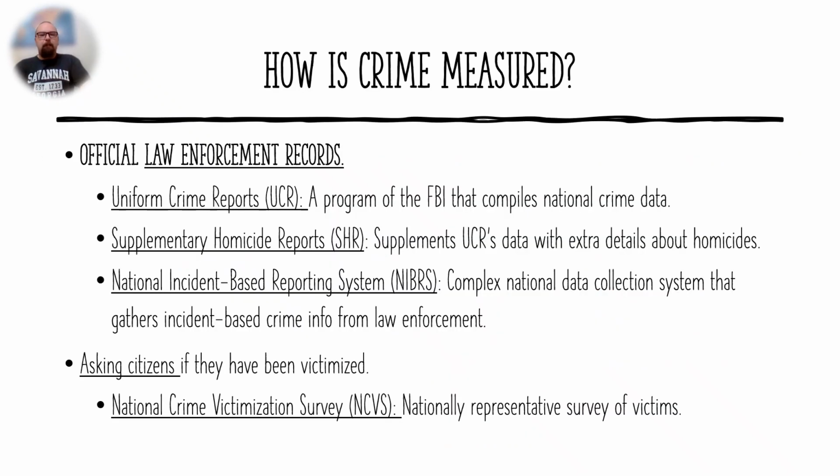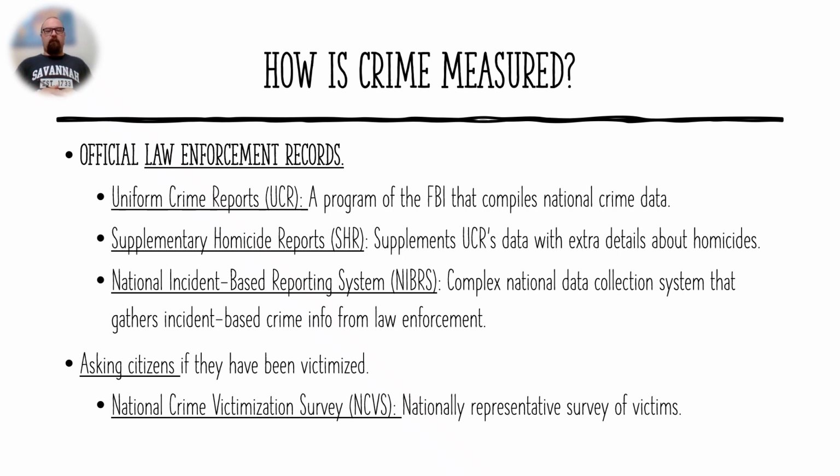So there are many mechanisms that we have in the criminal justice world that allow us to measure crime, different mechanisms that allow us to pull data when studying crime. The first type of mechanism utilized is law enforcement records.